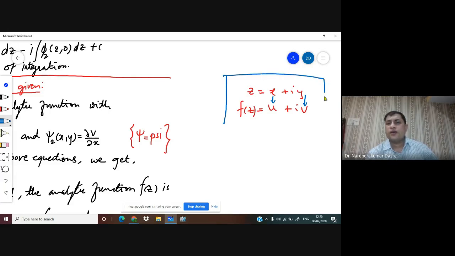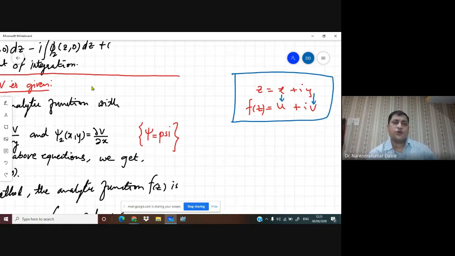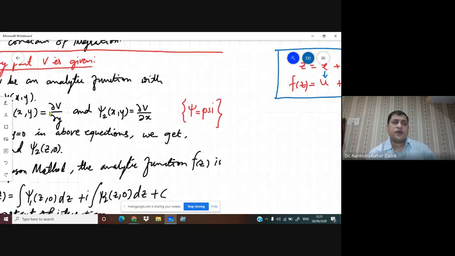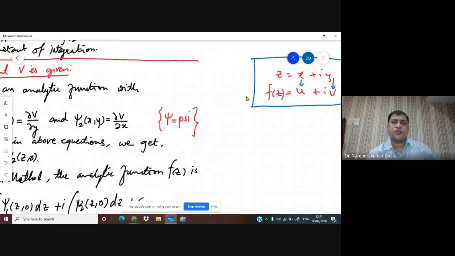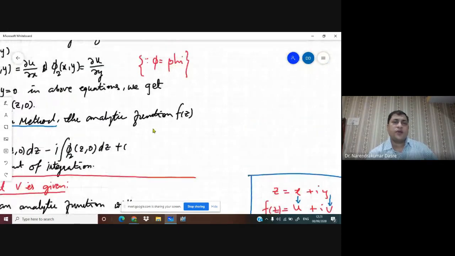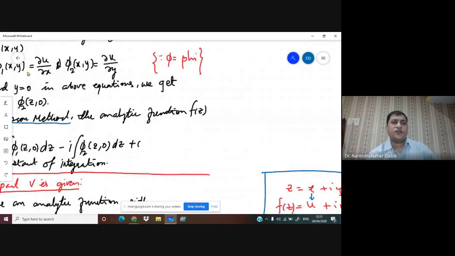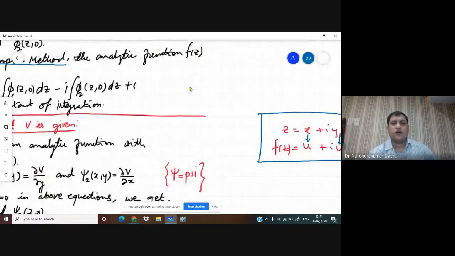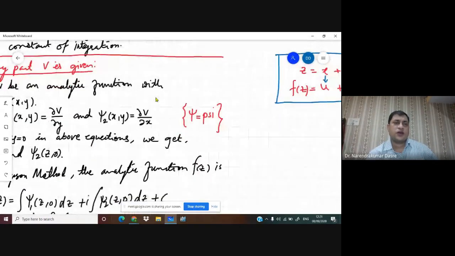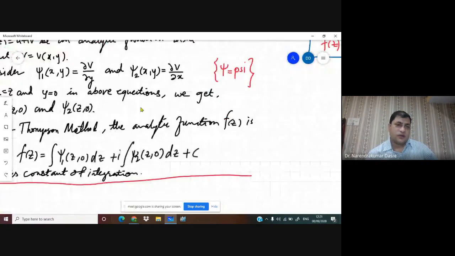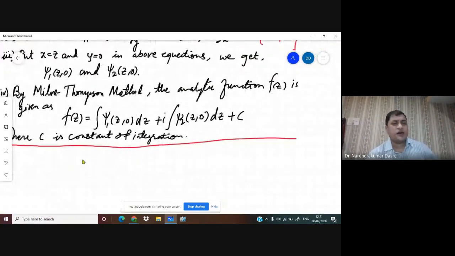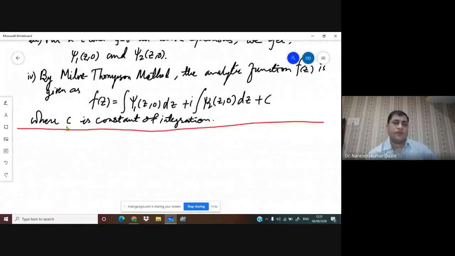You can use this as a hint. Here it is the imaginary part, so the first derivative is with respect to y, and here we have the real part, so the first derivative is with respect to x. You can remember that and then calculate accordingly.